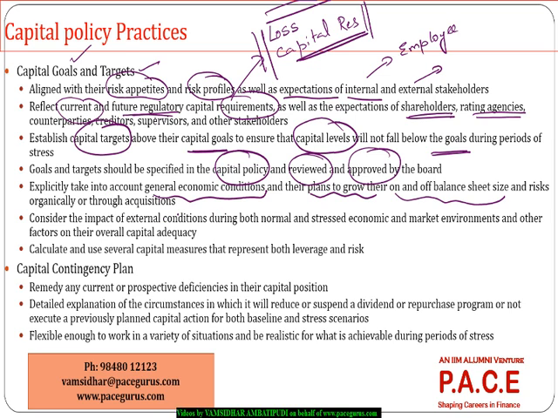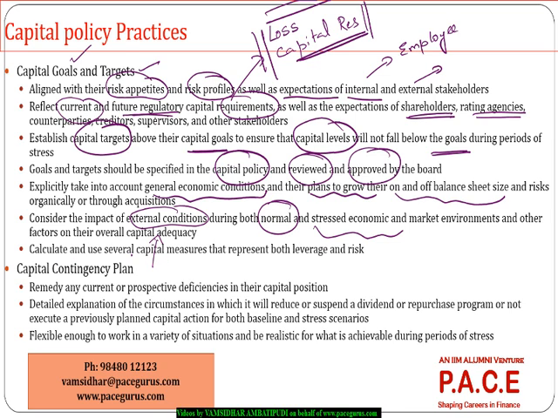Similarly, any external conditions, right? The macroeconomic environments, the industry environment, so different kinds of external conditions, both in the normal scenario as well as the stressed scenarios, need to be evaluated. And all those factors, what is the kind of impact they have on the capital adequacy, they have to be evaluated while setting the goals and the targets.